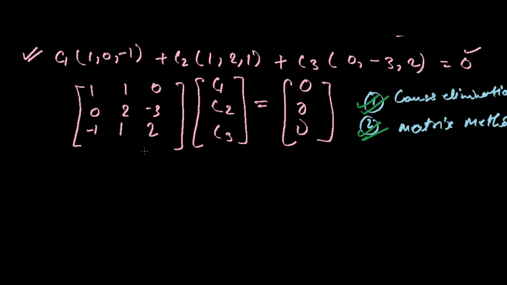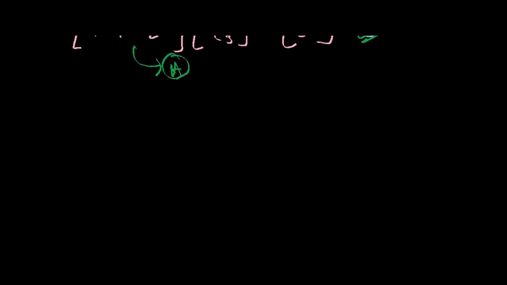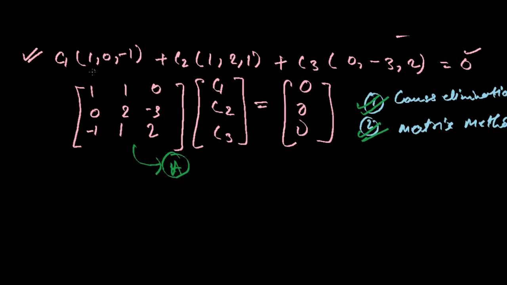So suppose that this is the matrix A. All these vectors, this is alpha 1, this is alpha 2, this is alpha 3.